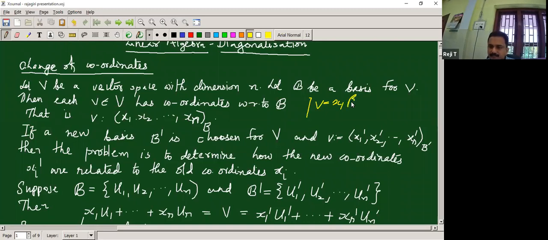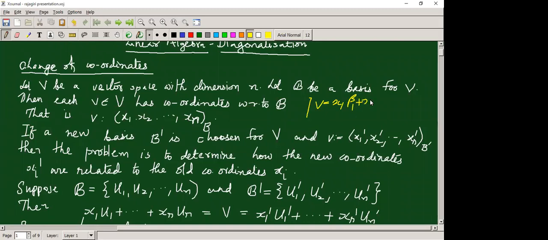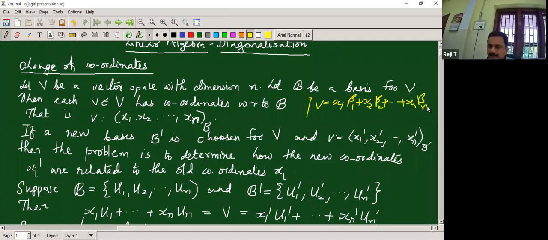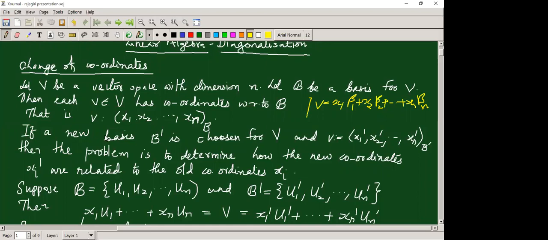Then v is equal to x1 beta 1 plus x2 beta 2 plus etc. plus xn beta n. So this x1, x2, etc., xn, that row matrix, is called the coordinates of the vector v with respect to the basis B.